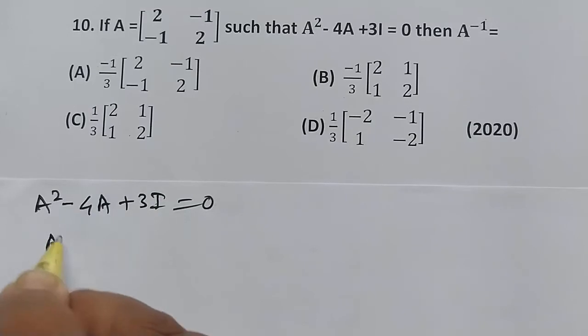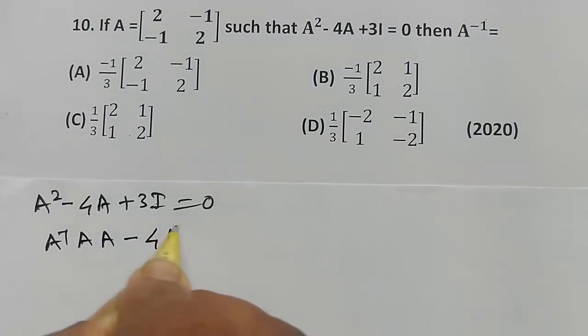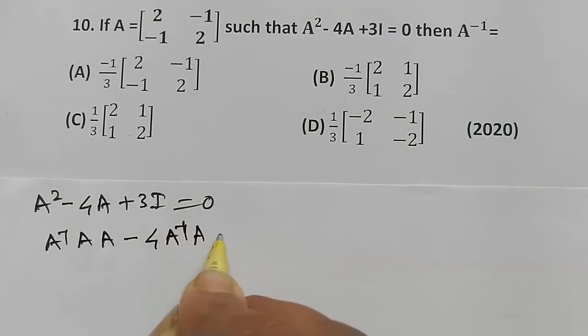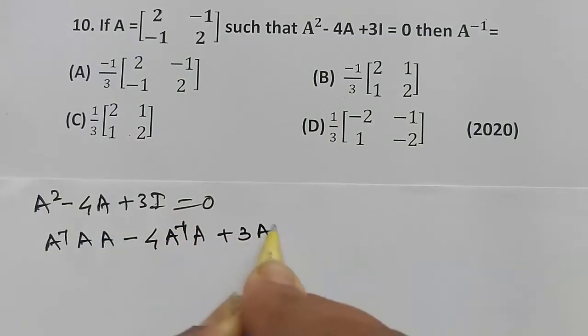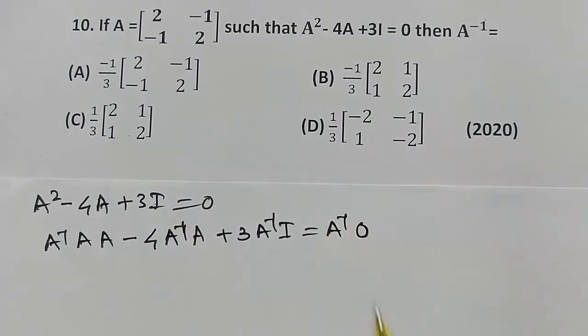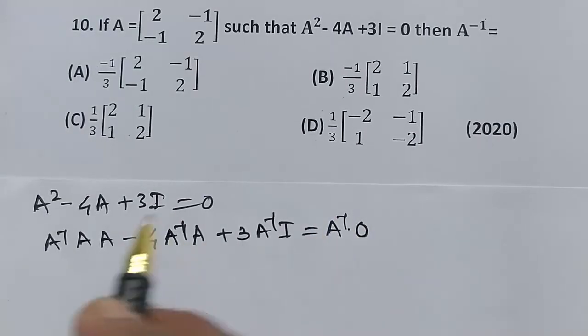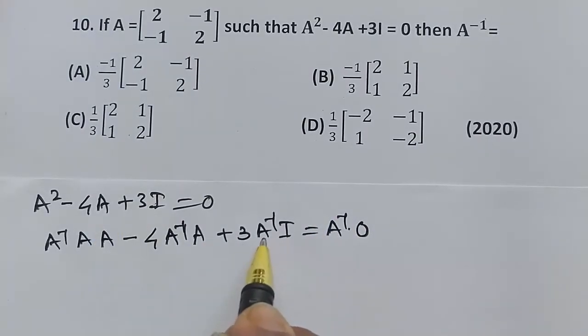So we get A inverse, A square means A into A, minus 4 A inverse into A, plus 3 into A inverse into I is equal to A inverse into 0. A inverse into 0, 0 means 0 matrix, so it is 0.